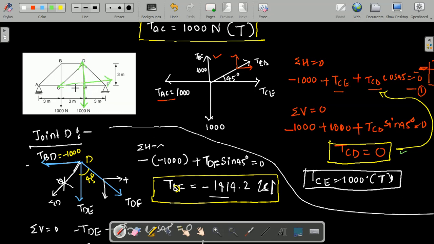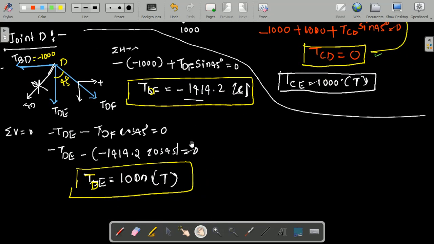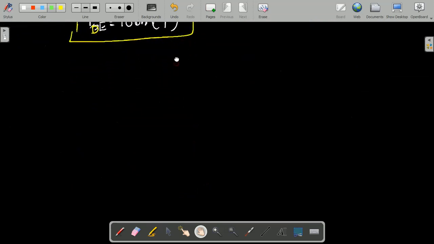So this is the free body diagram of joint E. Which joint am I considering? That is joint E.